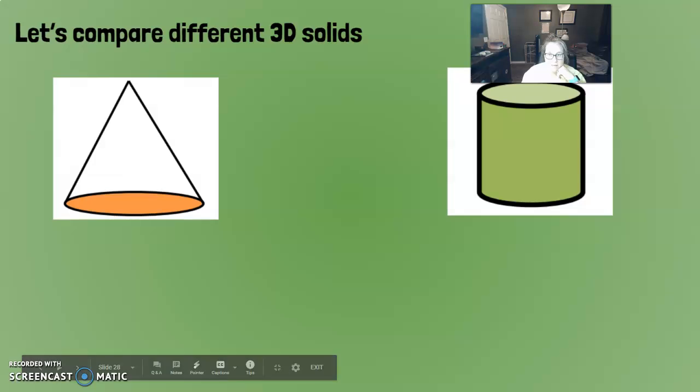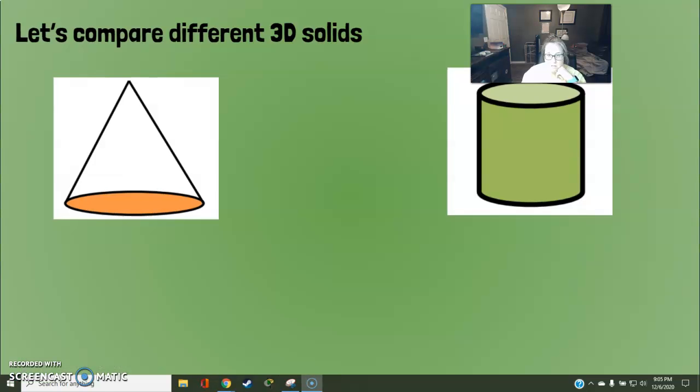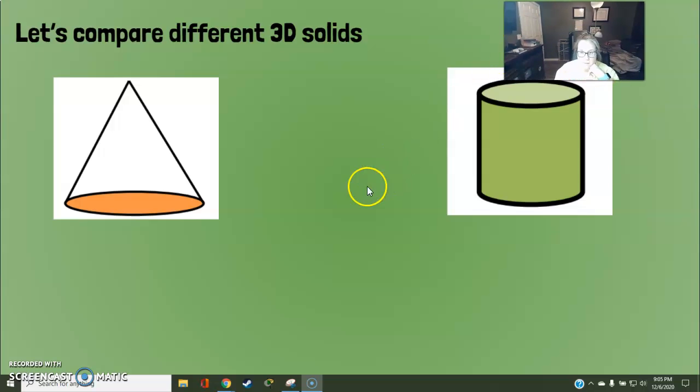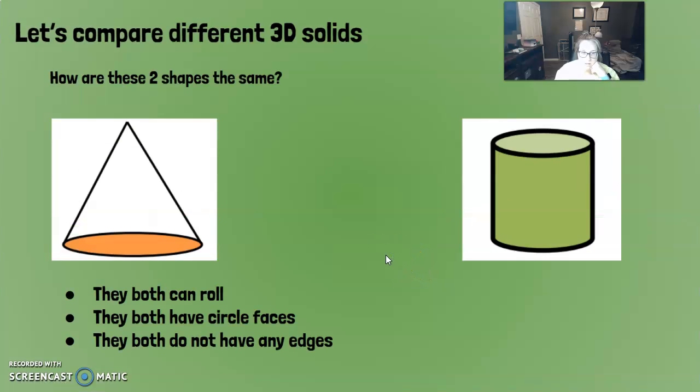So let's compare a couple of different shapes or solids. Let me keep it over here. So I have a cone and I have a cylinder. So what are some things that are the same? How are they alike? Well, I know that they both can roll. This one's probably going to roll better than this one.